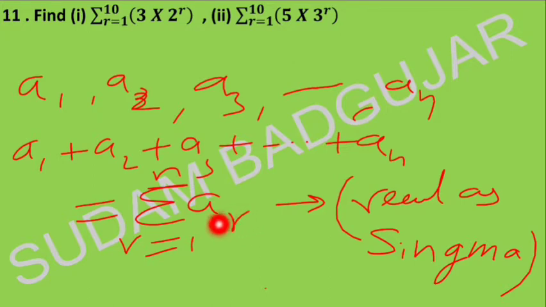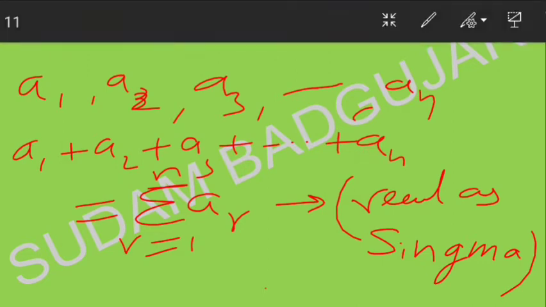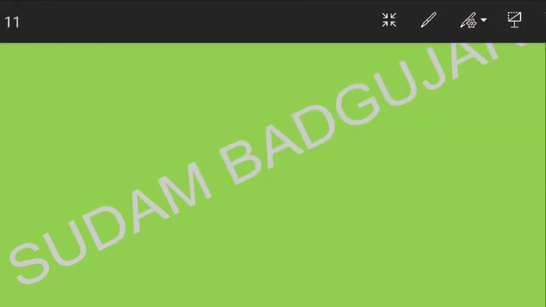Substitute r equal to 1, you will get a1, plus a2 (replace r by 1, then 2, then 3, up to n), then plus a3 plus a4 plus a5 plus up to an. That's it. So here you must have understood sigma.